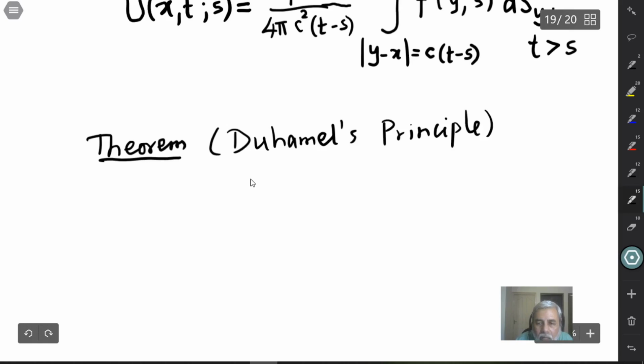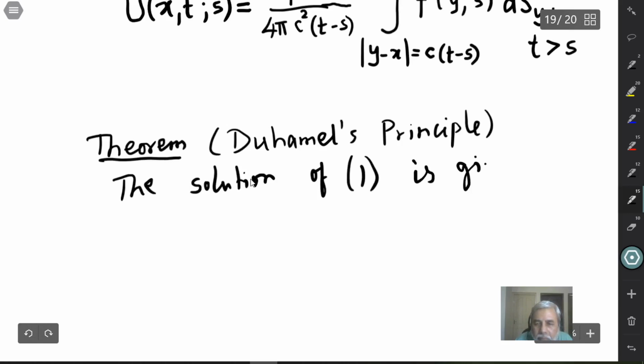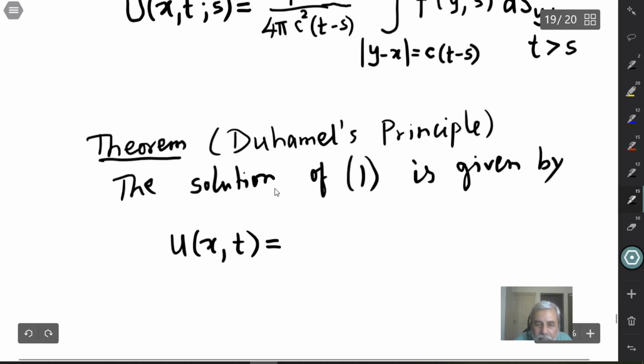The solution of problem 1 is given by u of x, t equal to the integral from 0 to t of this U(x, t; s) ds.